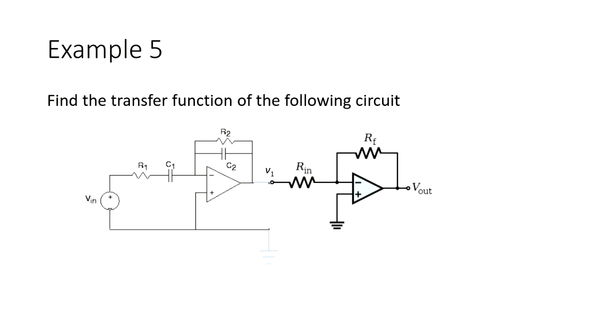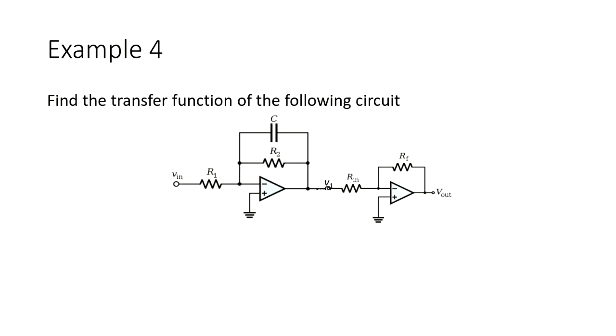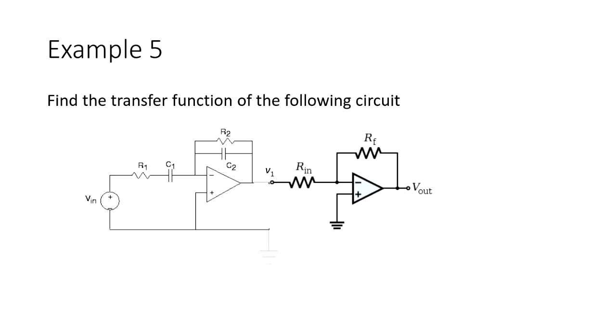What I said is, for this one, it is similar to the previous one. It's only that this R1 is now replaced with R1 and C1. And for the second one, it is the same thing, only that instead of C1 and R1, we have values here.